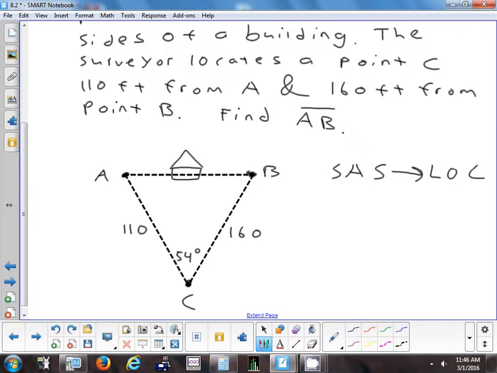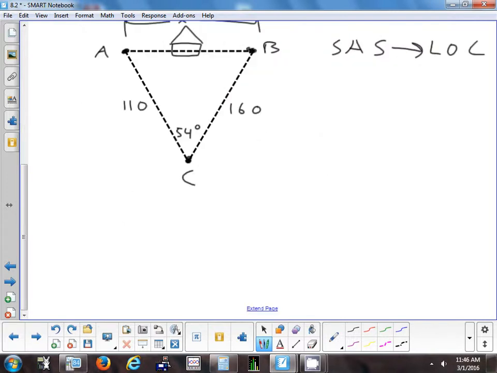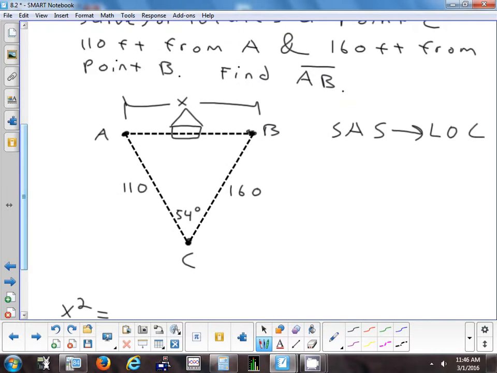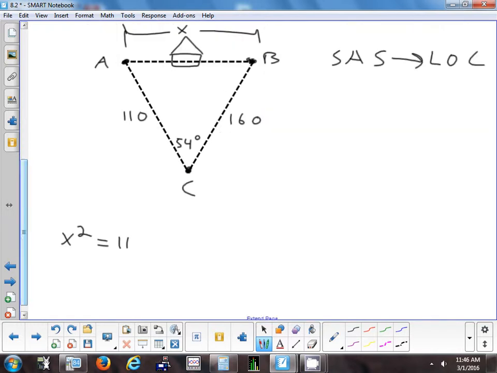All right, so now here's where we just have to understand the general idea. One side squared equals the sum of the other 2 squared. So start with that. Let's call this side x. One side squared equals the sum of the other 2, minus what comes next?